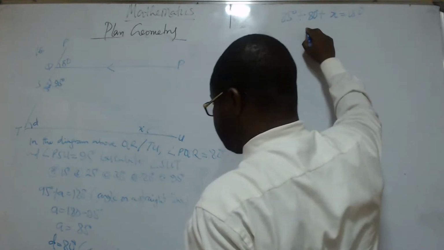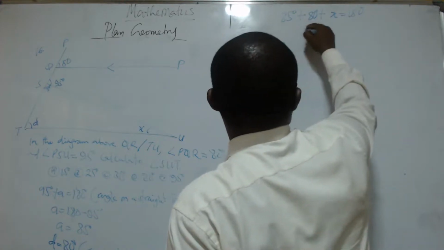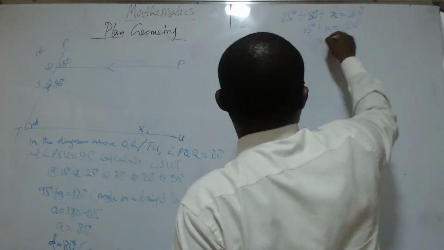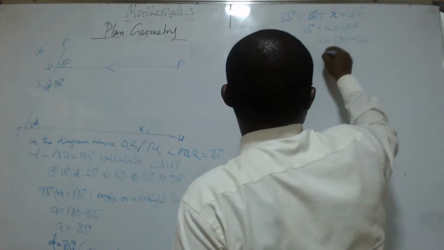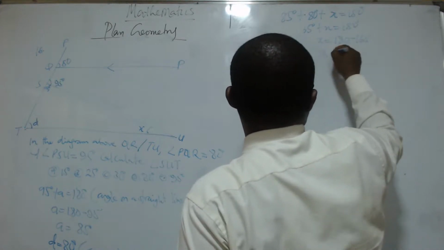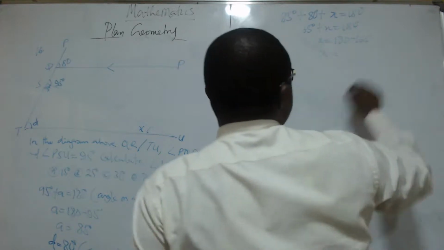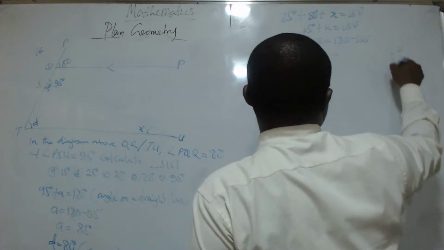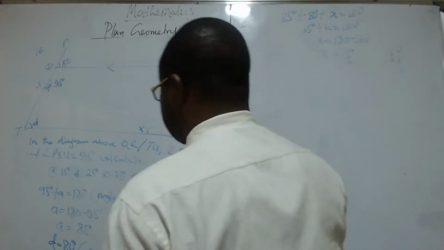So this plus this will give us 165 degrees. 165 degrees plus X equals 180. So X now is 180 minus 165. Therefore, our X is 15 degrees.